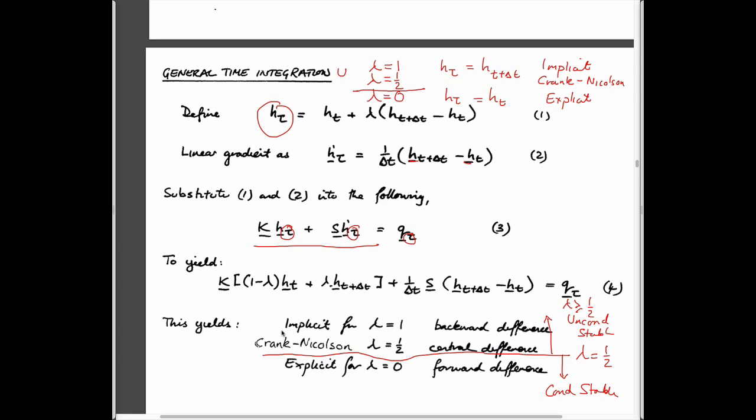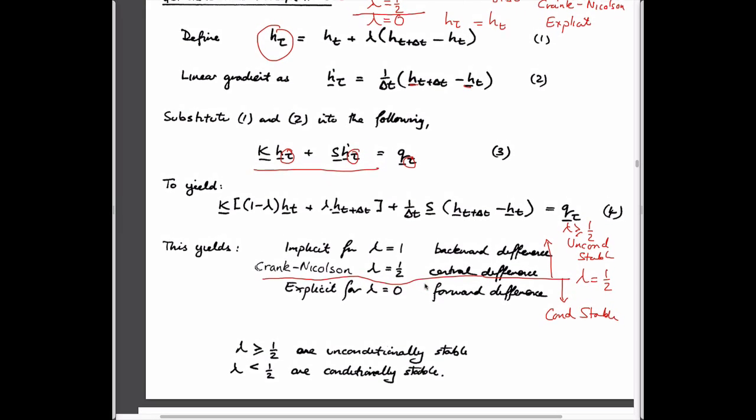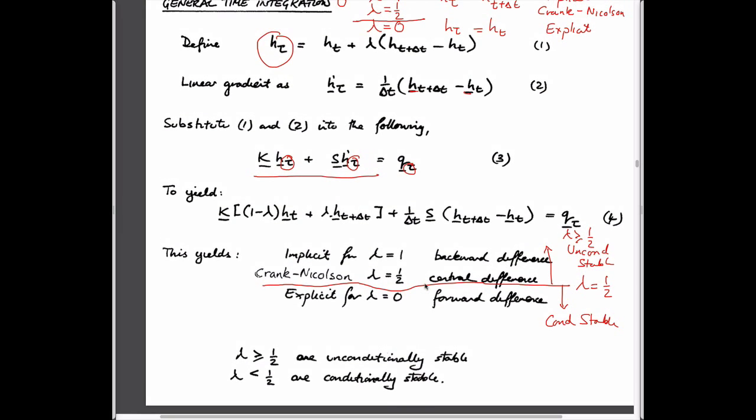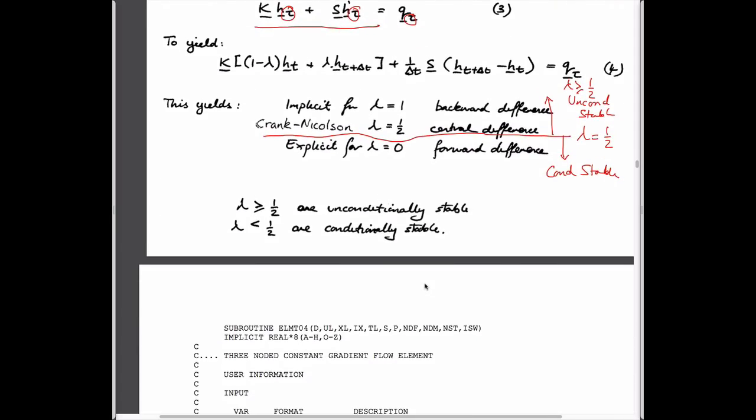If we substitute in here, we end up with an expression like this, which we can solve, which is just a bit more involved, and we won't actually go through that. At the bottom of the page, it defines that. So there is a spectrum of behaviors that we can mess around with. That's all I wanted to say about that.